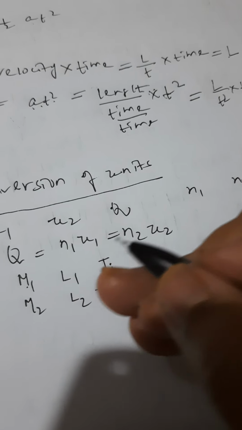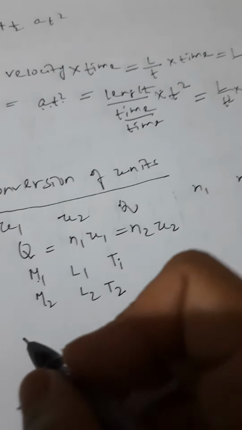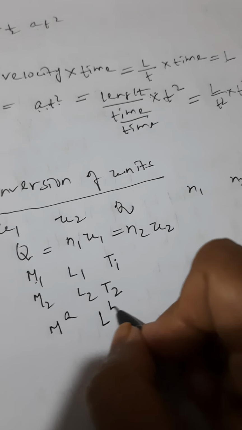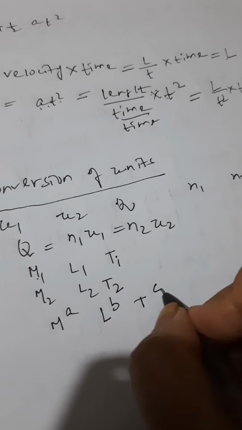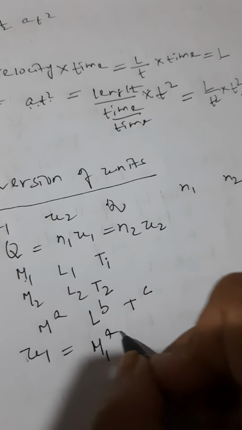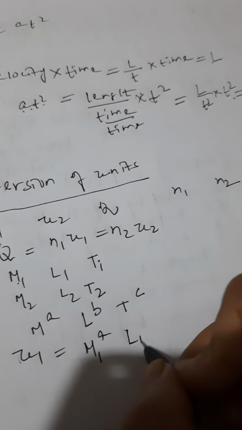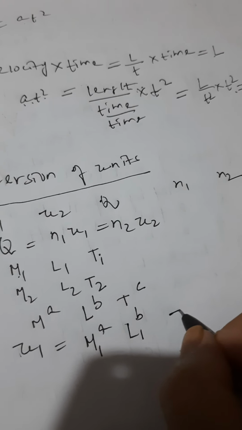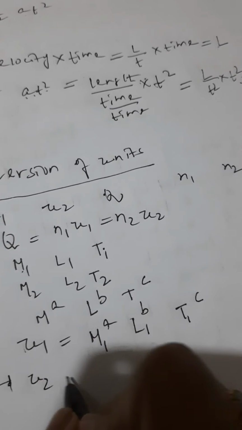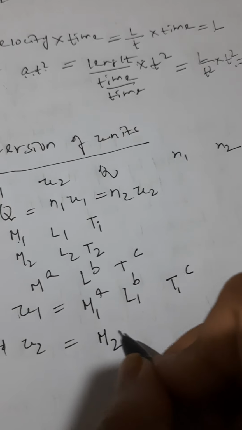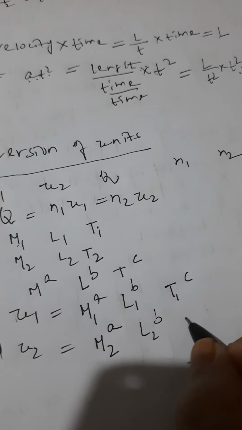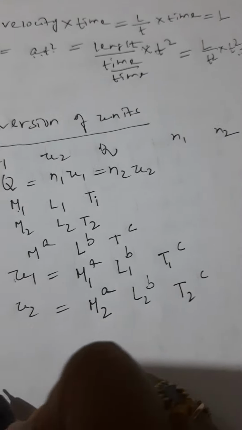If the dimensional formula of quantity Q is M to the power a, L to the power b, T to the power c, then U1 is equal to M1 to the power a, L1 to the power b, T1 to the power c, and U2 is equal to M2 to the power a, L2 to the power b, T2 to the power c.